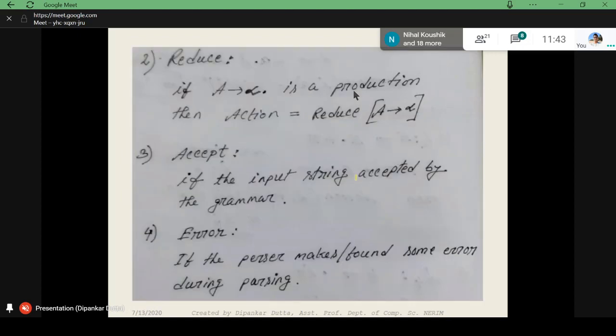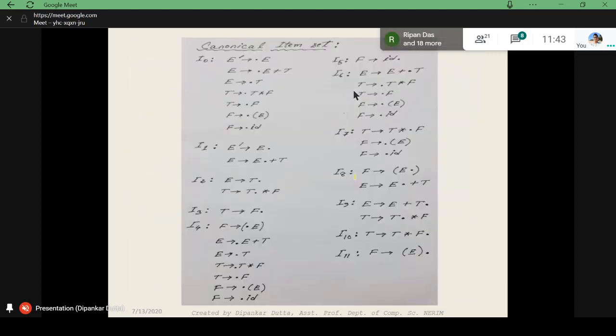For example, in I0 we have E implies dot E plus T, a dot followed by a capital letter. Now we have to look for E implies E dot plus T, and it is available in I1. So what to write in state 0 against capital E in the table?